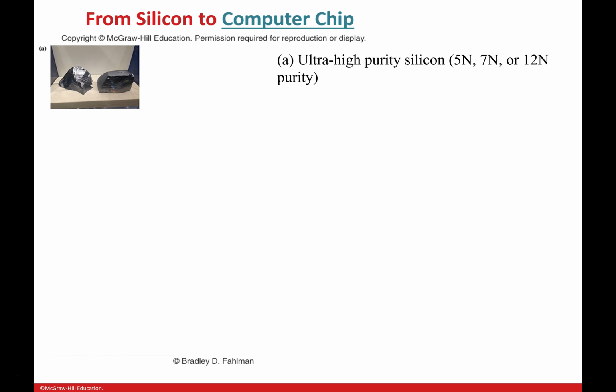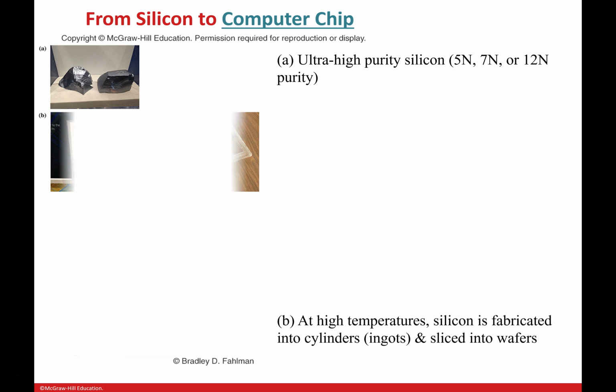So let's watch this video and see what we think. Of course, which one would be more pure, the 5N or the 12N? The 12N, yeah. Which one costs more? 12N.